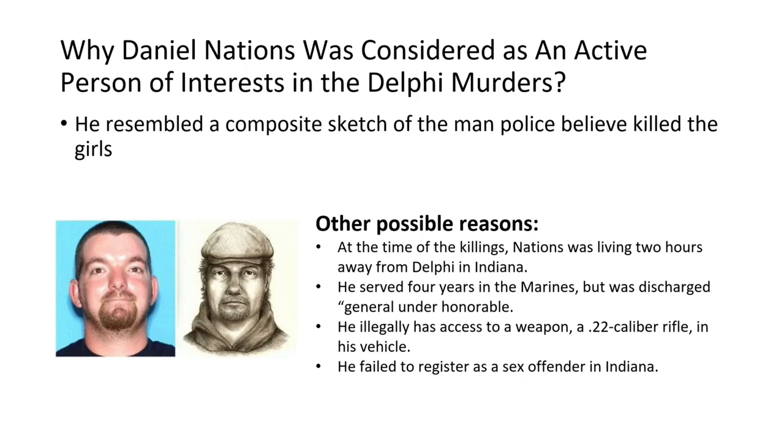At the time of the killing, Daniel Nations was living 2 hours away from Delphi in Indiana. He served 4 years in the Marines but was discharged under general honorable conditions. He legally had access to a weapon, a .22 caliber rifle, in his vehicle. He failed to register as a sex offender in Indiana.